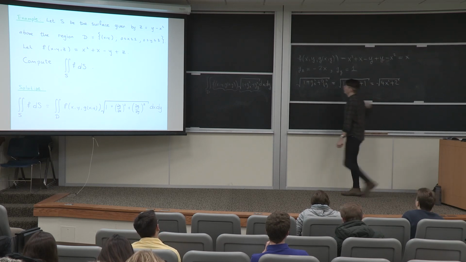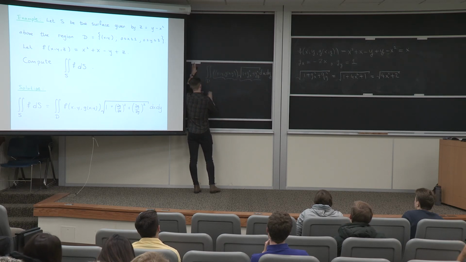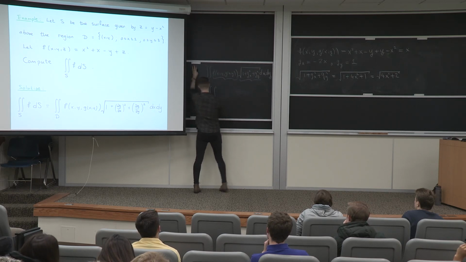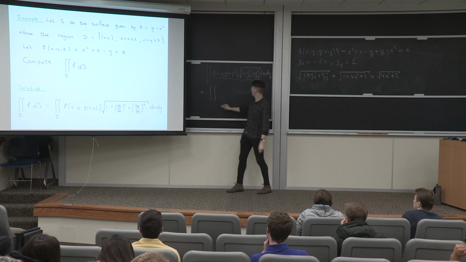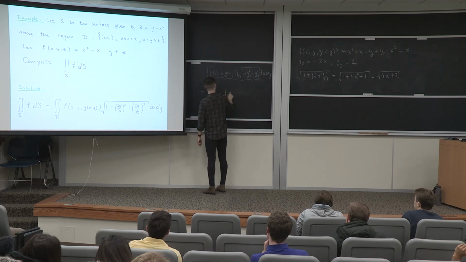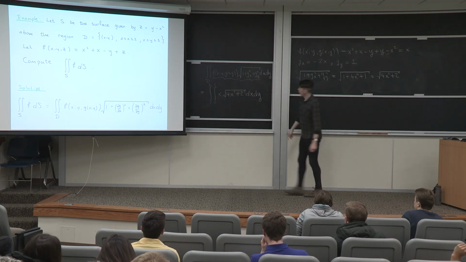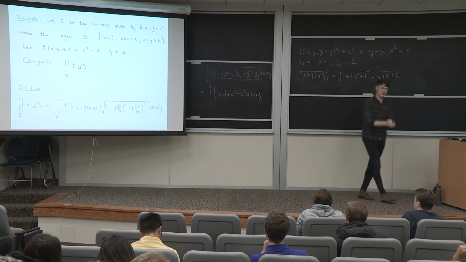So this integral becomes, what's the last thing you have to do? The bounds: y goes from 0 to 3, and then x goes from 0 to 1. And then we have x times the square root of 4x squared plus 2. Very good. Thank you, Ben.